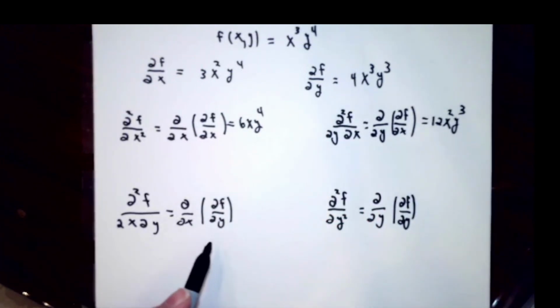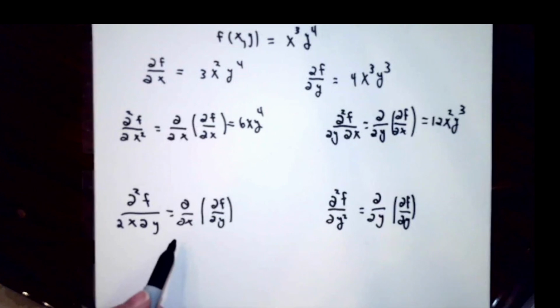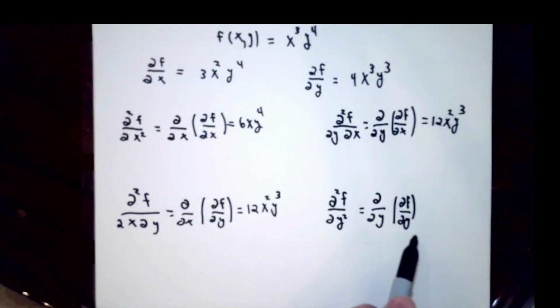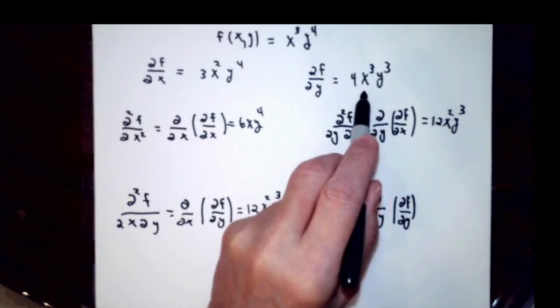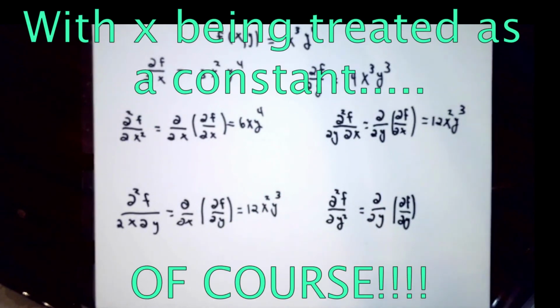This one, first I'll look at the partial of f with respect to y, which is that quantity. I'll think of it as a function of x and take the derivative. And lastly, I'll look at the partial of f with respect to y, this quantity. Think of it as depending only on y.